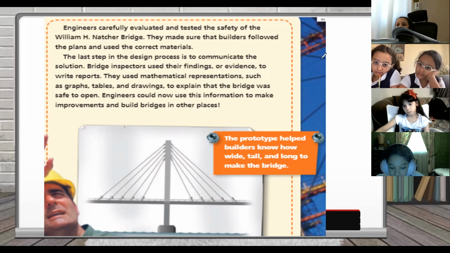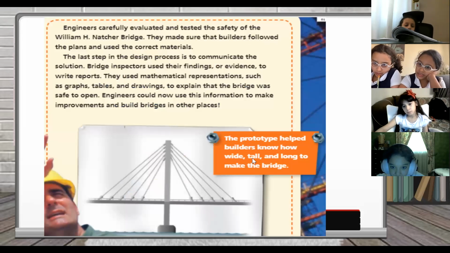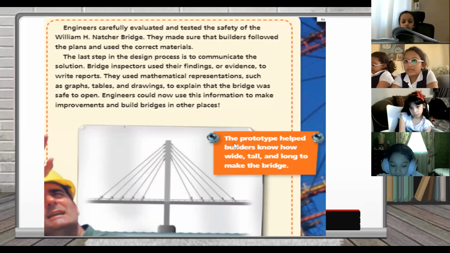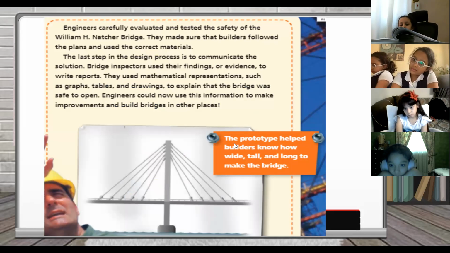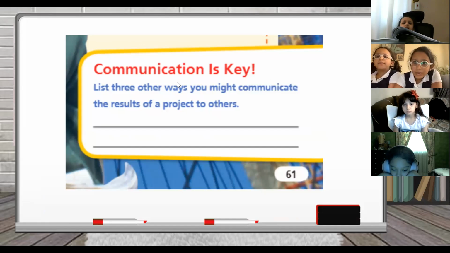Okay, now let's see. After they build a prototype and they know about the measurements and they make sure about the test and everything, what should they do later? Communicate.